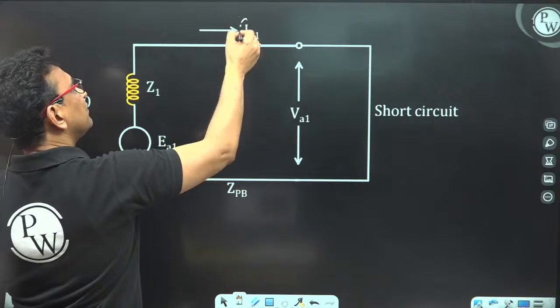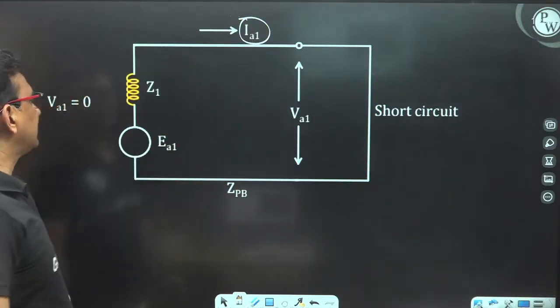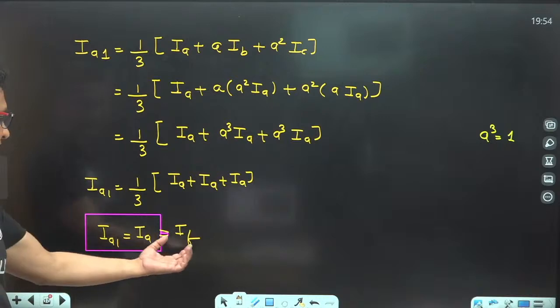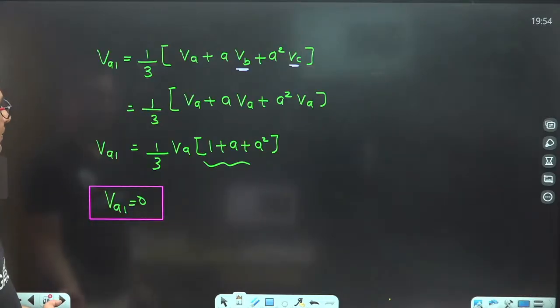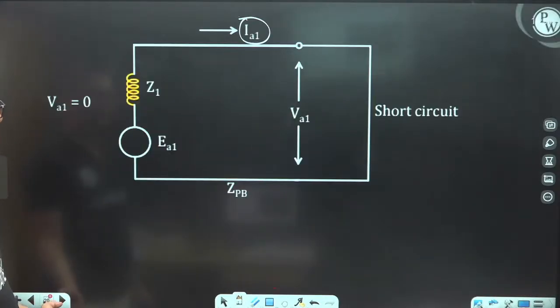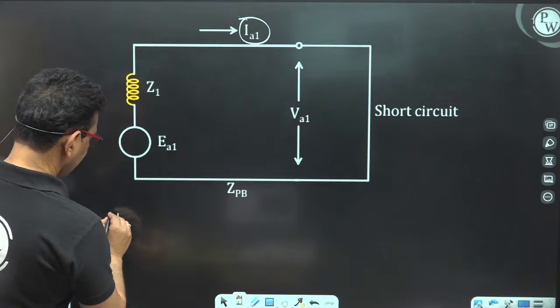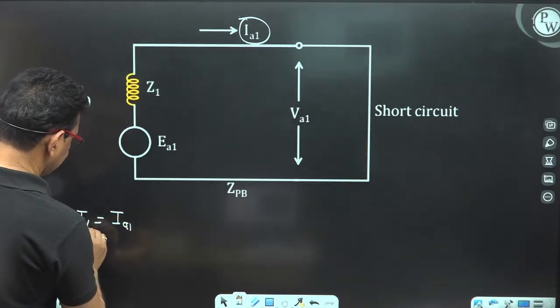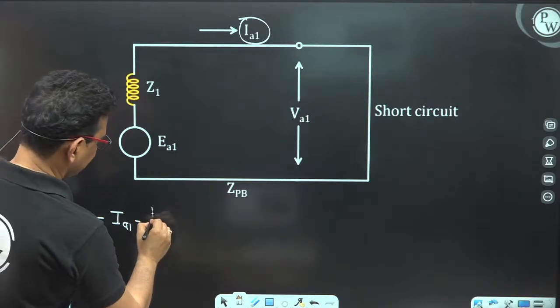The current flowing into the positive sequence network is nothing but IA1, and we just proved that IA1 is equivalent to IA and it is the same as the fault current. So the value of IA1, which is also equivalent to the fault current, is EA1 upon Z1.